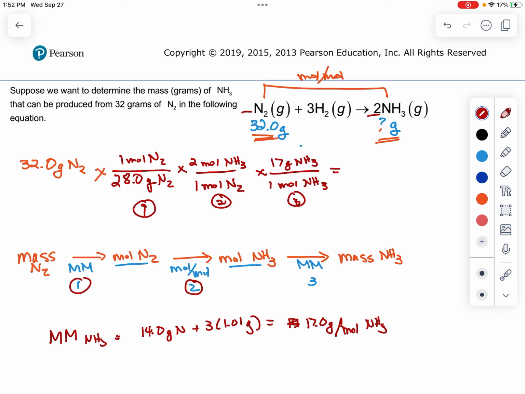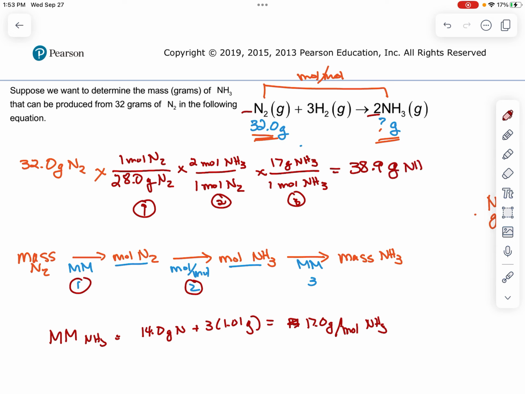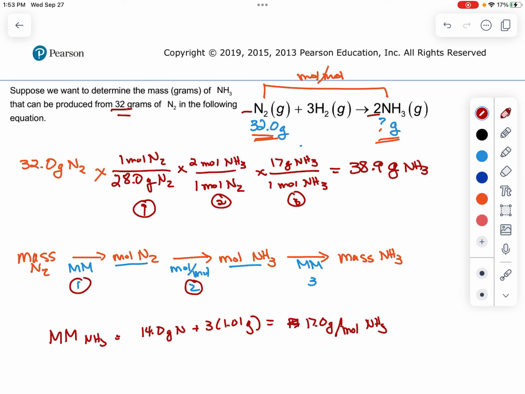Okay, and so when I multiply this all out, 32 divided by 28 times 2 times 17, I get 38.9 grams of ammonia. I only had 2 sig figs here, so I really should say 39 grams of ammonia. Okay, and that is my answer.